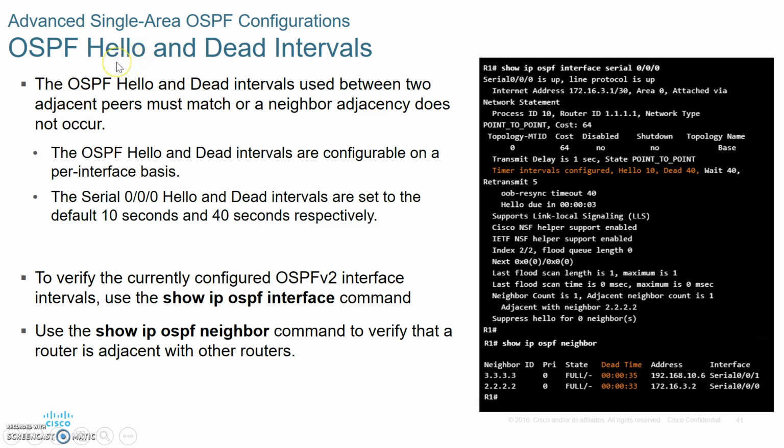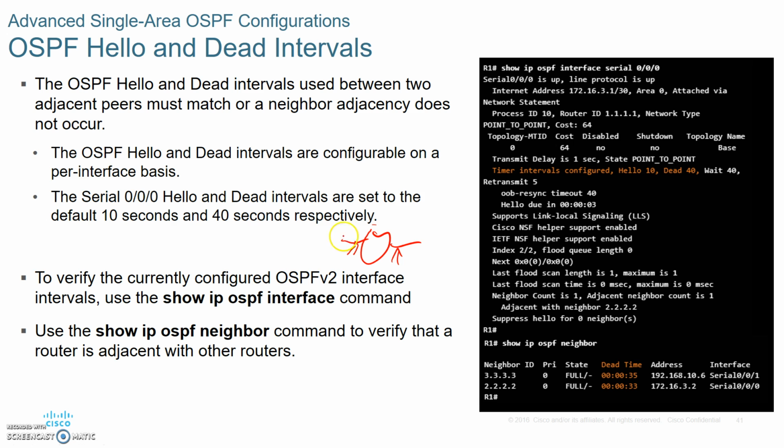Next, let's look at the hello and dead interval. OSPF has this hello and dead interval, and the interval timing must match between the two neighbors. Otherwise, they will not form neighbor adjacency. The hello and dead intervals are configurable on a per interface basis, meaning a router with two interfaces can have a different hello and dead interval on each interface.